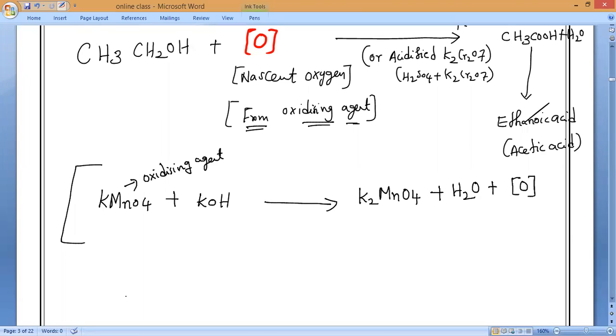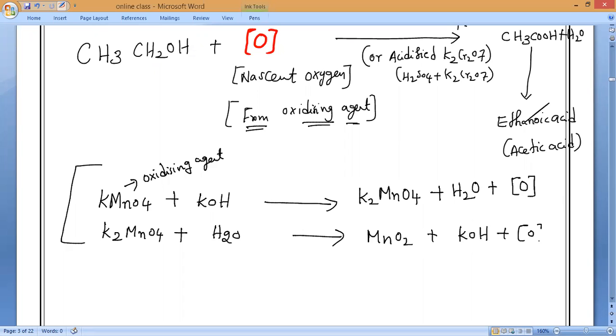Do you understand, everybody? If I don't have this one, I can take this one also. K2MnO4, and if I react it with water, this will also produce manganese dioxide plus potassium hydroxide plus nascent oxygen.